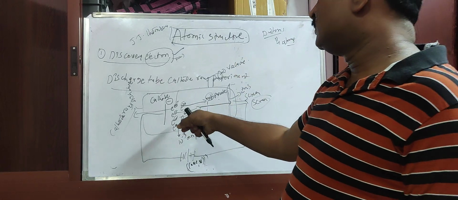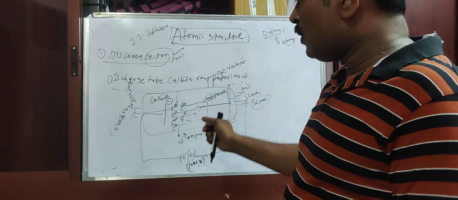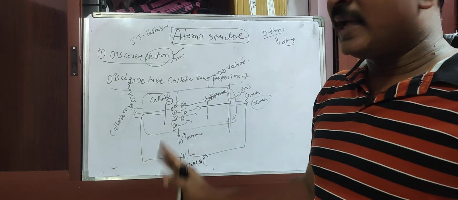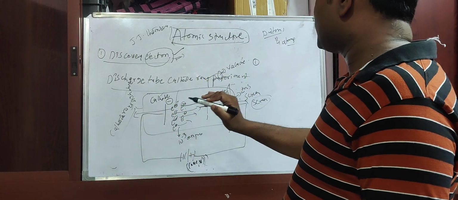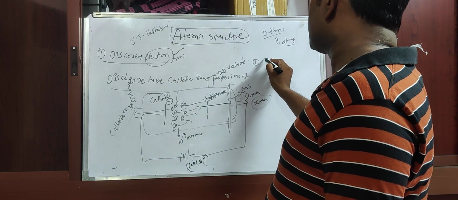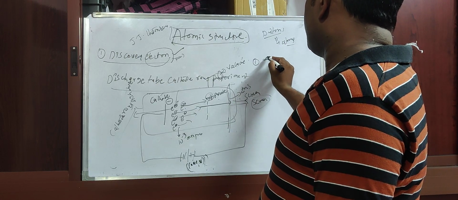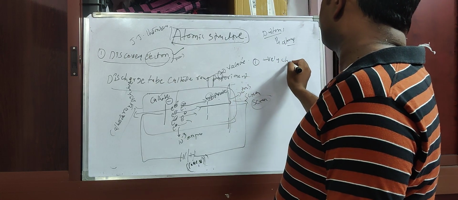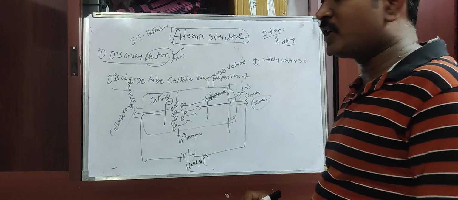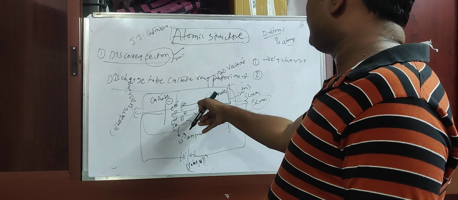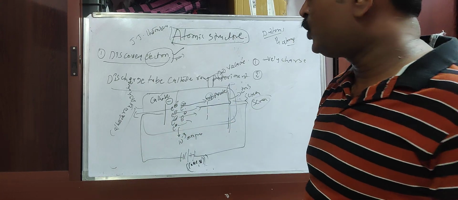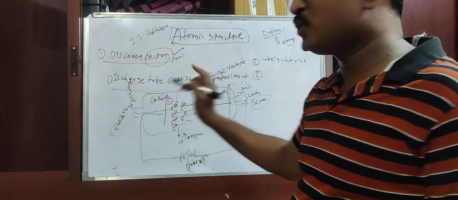What features do these cathode rays have? First, they possess a negative charge. Why negatively charged? They travel towards the positive terminal. That's why they have a negative charge.